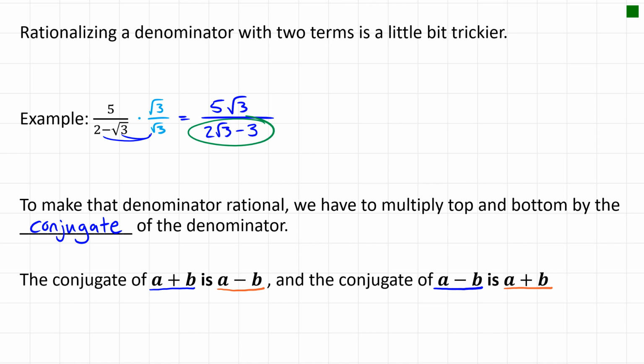So you will notice that the conjugate of a binomial is just the binomial repeated, but with the sign switched in the middle.